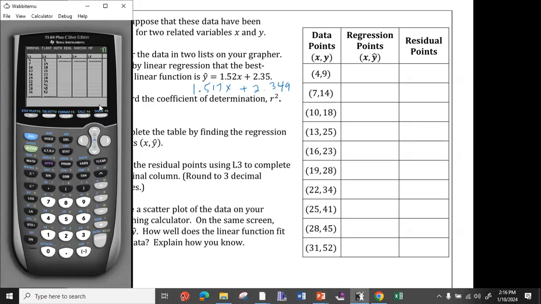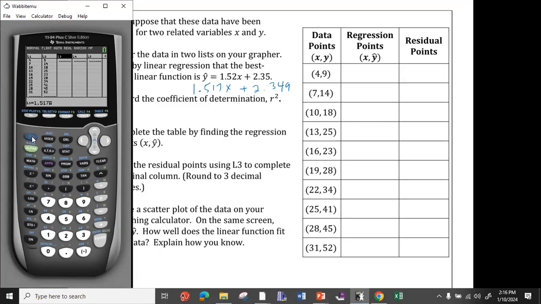In L3, I'm going to use this regression model to find the counterparts. So I'm going to type in 1.517 and I want all the values of L1 to be multiplied for X. Go back to stat edit, and you're gonna go over to L3, you have to be on L3.